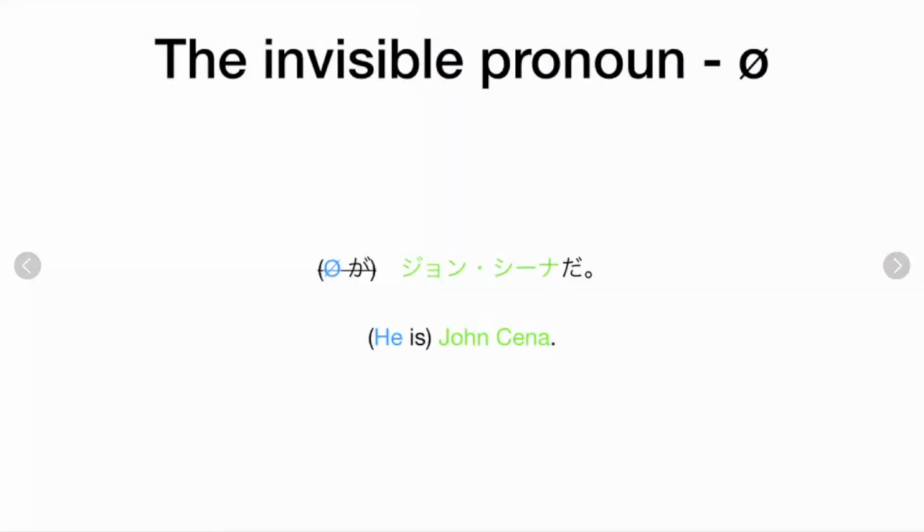So if we're talking about John Cena, right, you can just say John Cena da. You don't need to say kare ga John Cena da. It's just John Cena da. If you want to think how this works structurally in your head, it is zero ga John Cena da. Okay? But because it is zero ga, that cancels it out. We don't have to say that part.